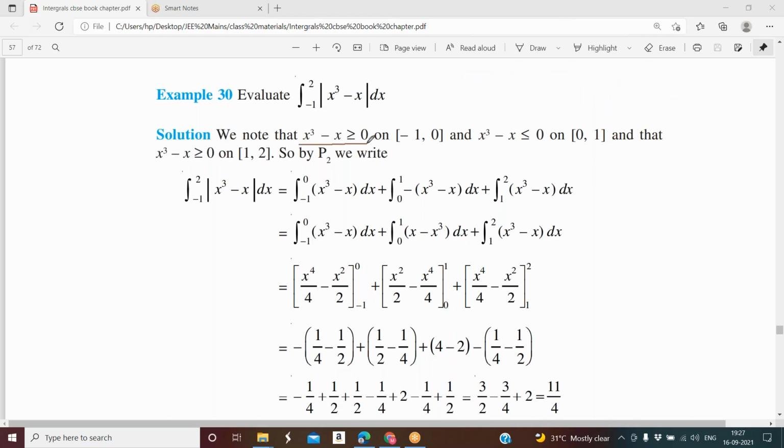x cube minus x is greater than or equal to 0 on minus 1 comma 0, x cube minus x is less than or equal to 0 on the closed interval 0 comma 1, and x cube minus x is greater than or equal to 0 on the closed interval 1 comma 2. What is the given interval? The closed interval minus 1 comma 2.